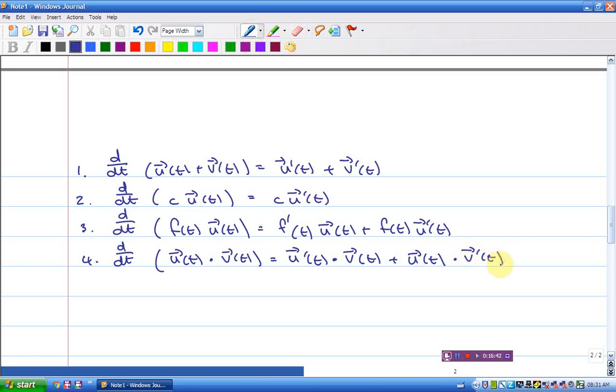Make sure I'm putting all the dashes in the right places here and all the arrows on top of the right things. Looking good so far. Okay, well, what if the product were the cross product?